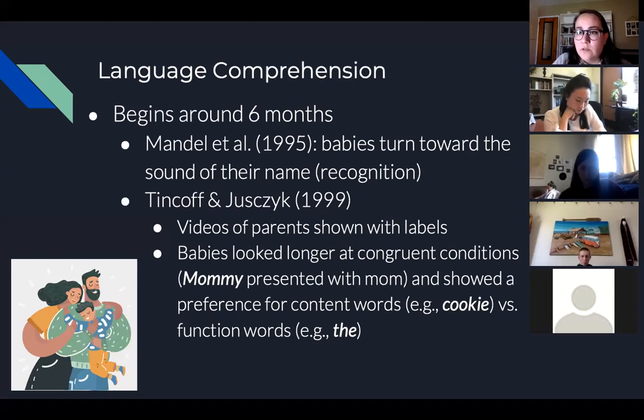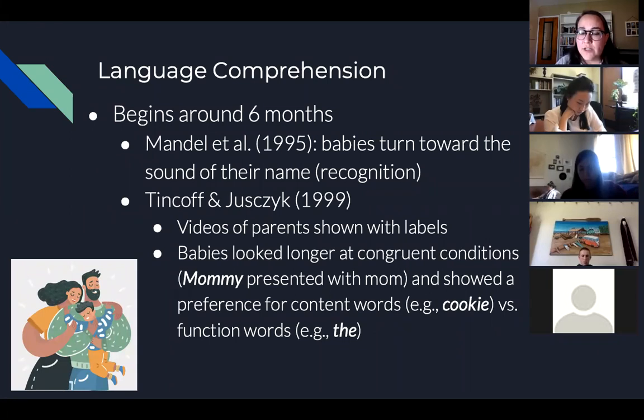Oh, and they also found that in the same study, they played other words just to see, are there any differences between the words that babies will pay attention to? And they showed a preference.